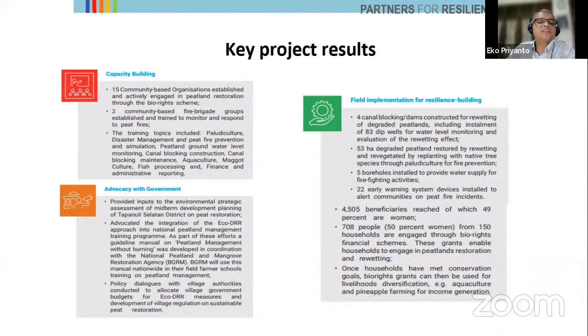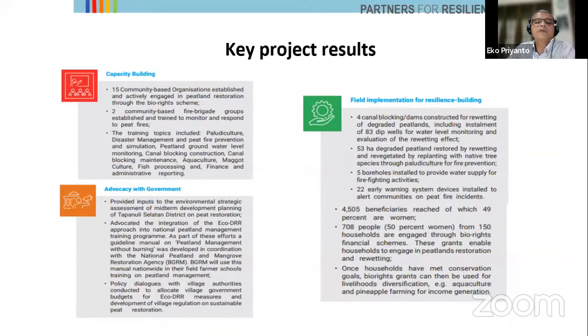For field implementations, 4 canal blocks were constructed, including the installation of 83 deep wells for water level monitoring, 53 hectares of degraded peatlands restored by irrigating with water, and 22 early warning systems installed to alert communities of peat fire incidents.